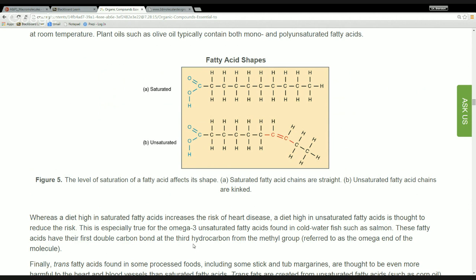It's really just a matter of the chemical distinction. Unsaturated has a double bond in it, saturated doesn't. At room temperature, saturated fats tend to be solid, like butter or lard or something like that. And at room temperature, unsaturated ones tend to be in a liquid form, like oils. So you can kind of tell them apart that way.